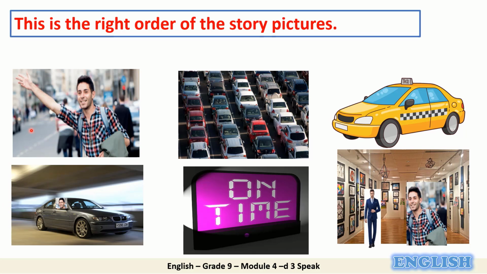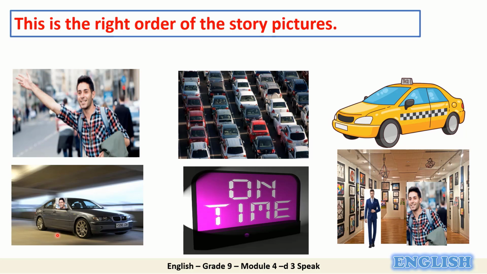What does the first picture tell us? It tells us that this young man is going somewhere. This picture tells us that there was a traffic jam. This picture tells us that he took a taxi or he tried to take a taxi.